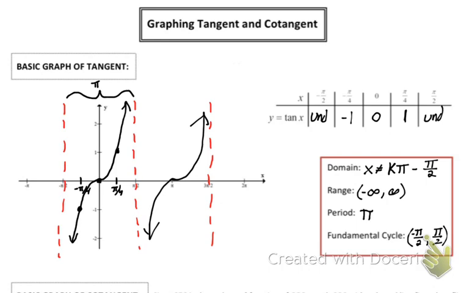That's tangent. Any questions on tangent? I gave you a whole bunch of information, but tomorrow or Monday, all I need you to do is draw these two vertical lines, put a point, go up, put a point, go down, and that's your graph of tangent x. All right?